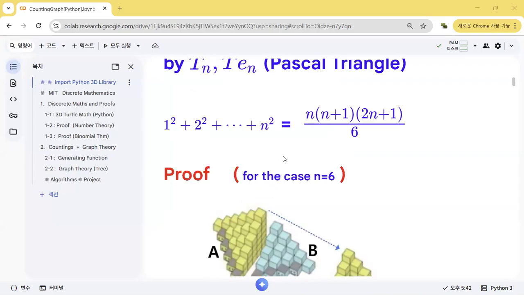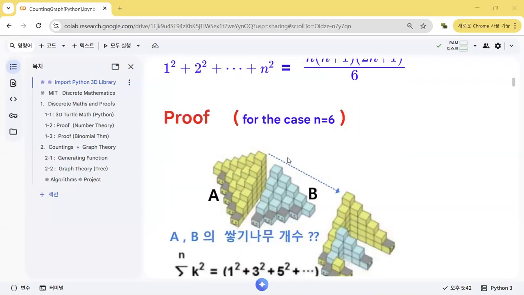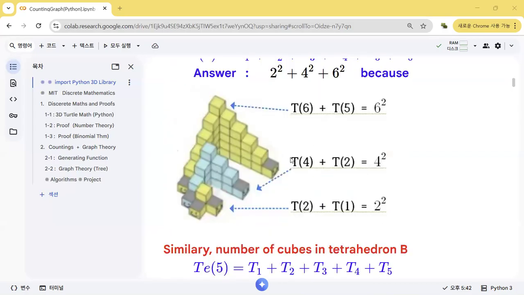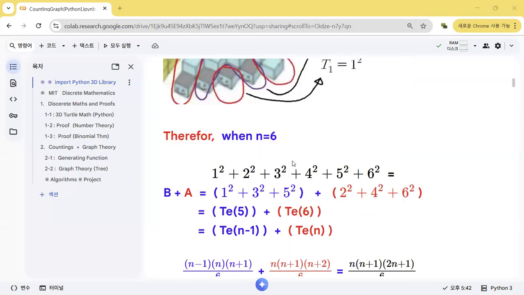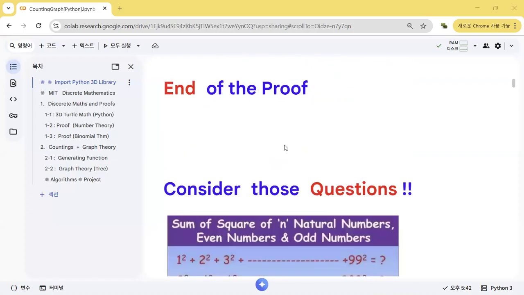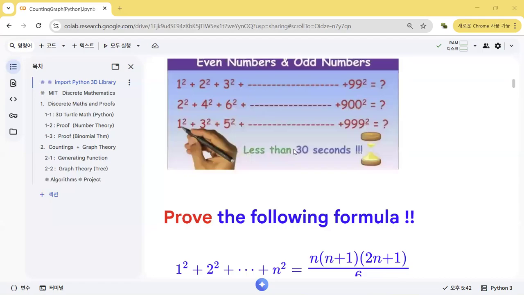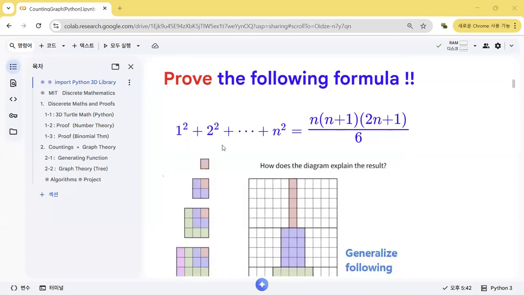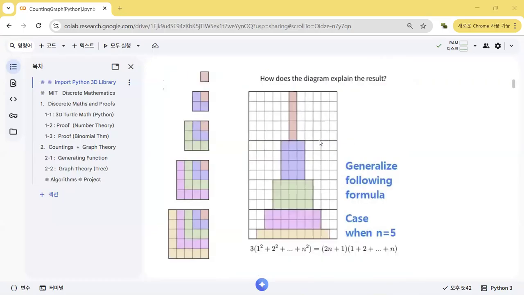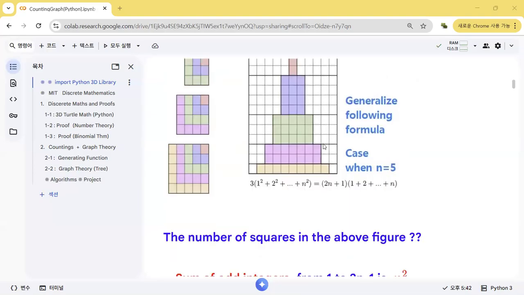This is the summation formula for the integer squares. This is the geometric method to prove the formula. There are many ways to prove this important formula, using geometric three-dimensional cubes or two-dimensional figures.